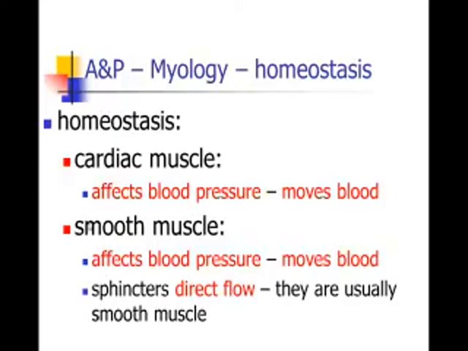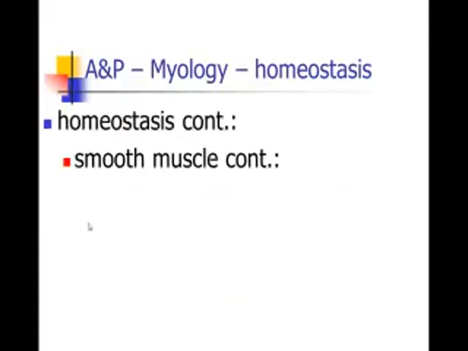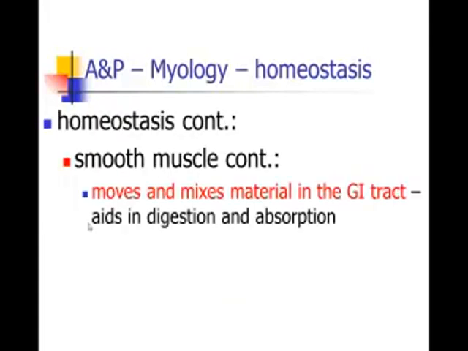We also have sphincters in the gastrointestinal tract that are made out of smooth muscle, and they direct the flow of material within the gastrointestinal tract. In the gastrointestinal tract, muscular contractions mix the material, and that's going to aid in two things.